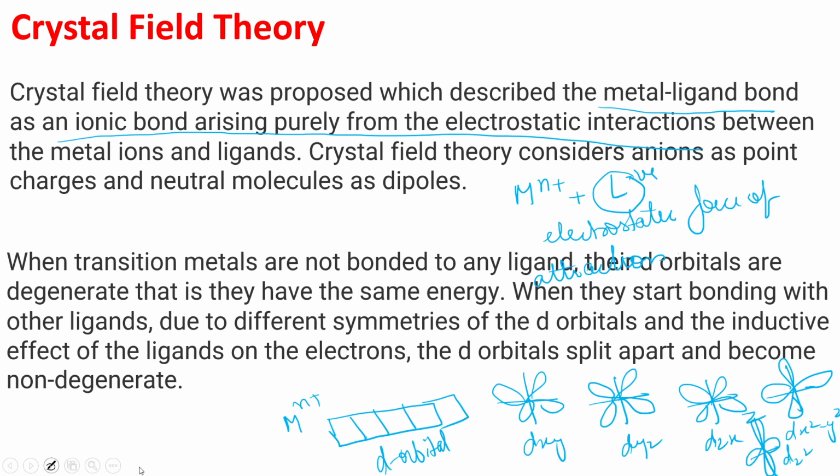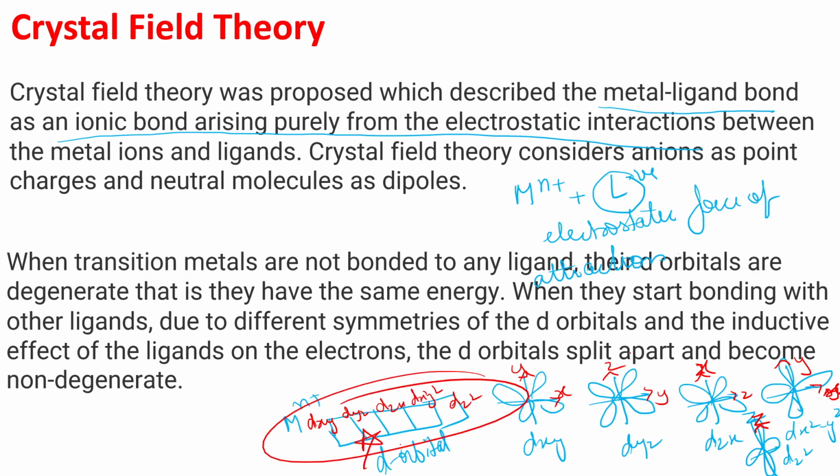Let me label the axes with a different pen. This is x-axis, this is y-axis. So dxy is in between them. When no ligand is present, all five orbitals, dxy, dyz, dzx, dx square minus y square, and dz square, have similar energy.